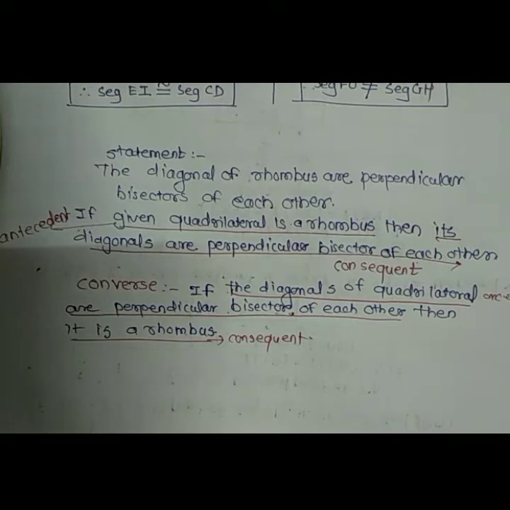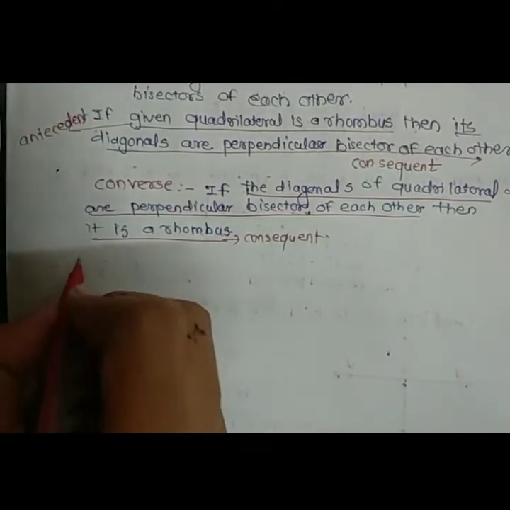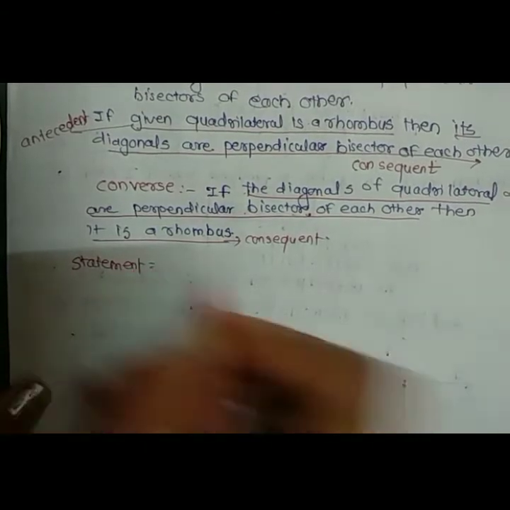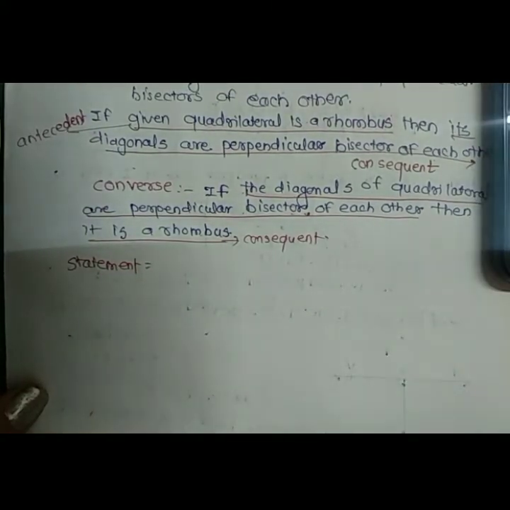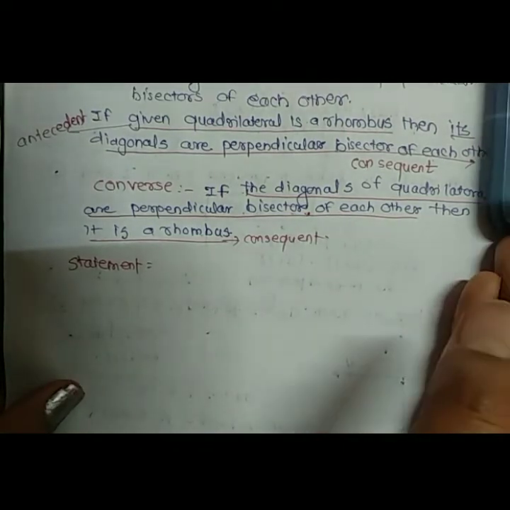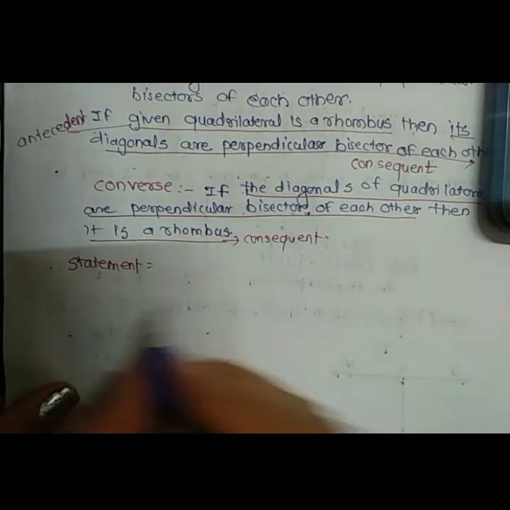Now let's see one more example. Suppose the statement is, if a number is a prime number, then it is even or odd.